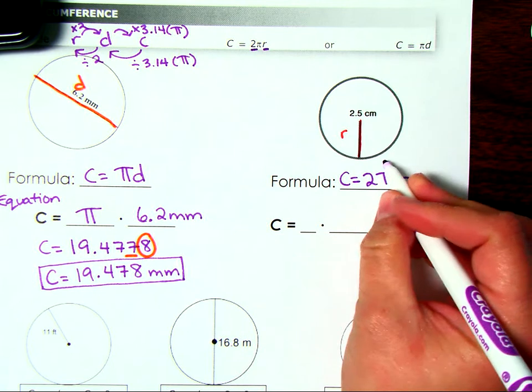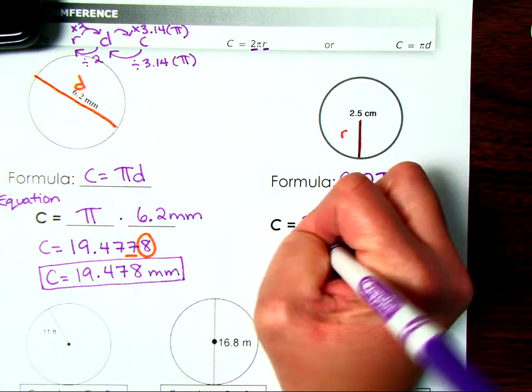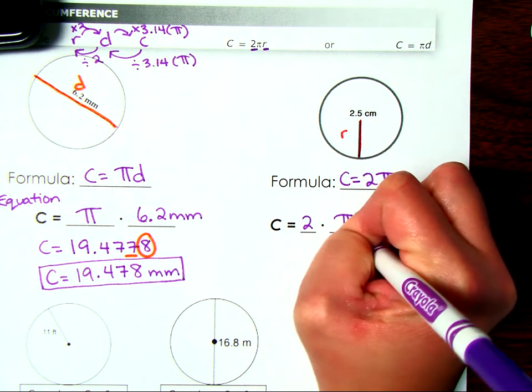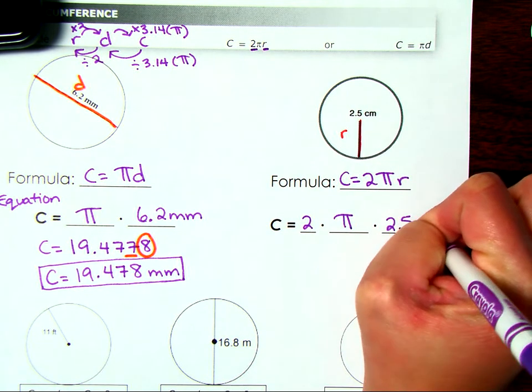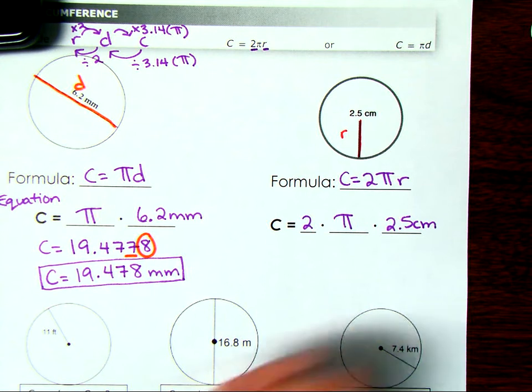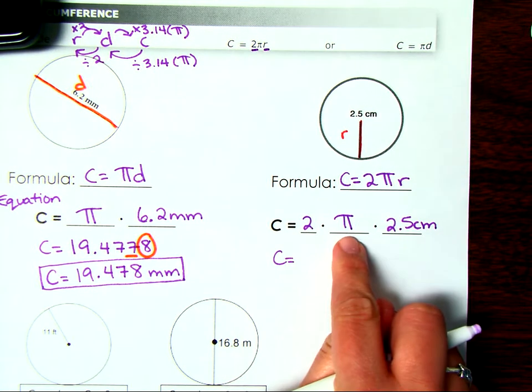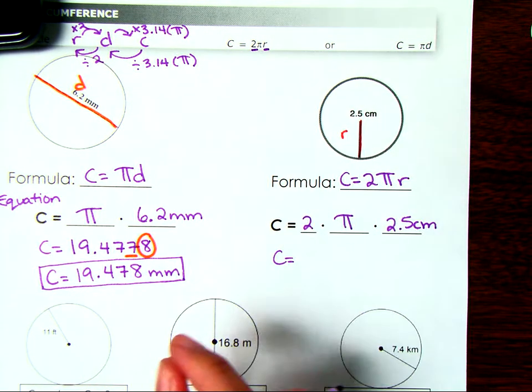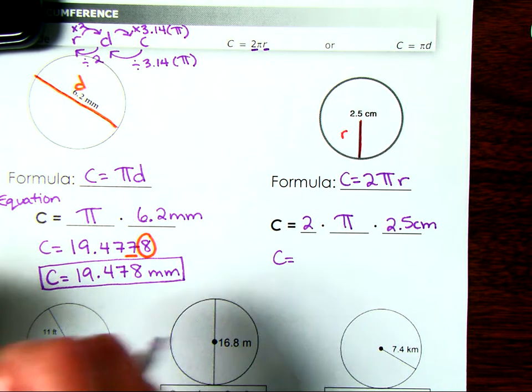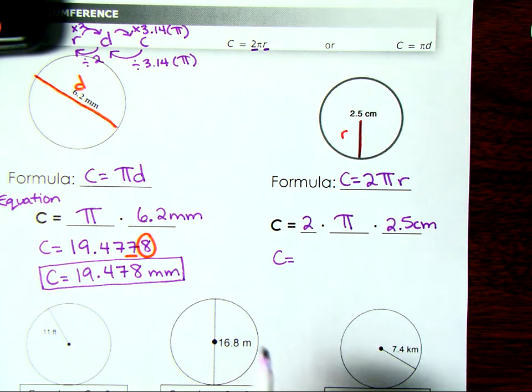But using the process, we know that the circumference is equal to 2 times pi, we're going to leave pi, and the radius is 2 5/10 centimeters. So pi is the best number we can use, the closest we can do for circumference, but remember you can't ever actually find the actual circumference because it's not a straight line to measure it, so that's the closest we can get.